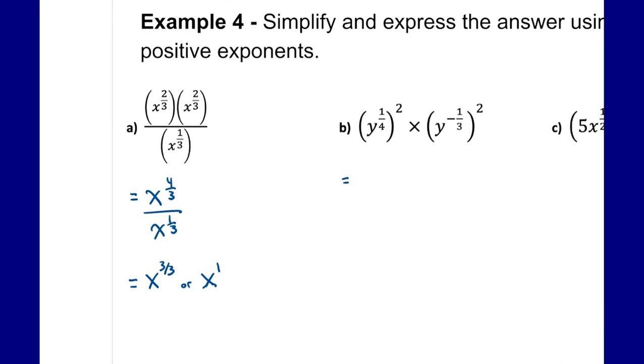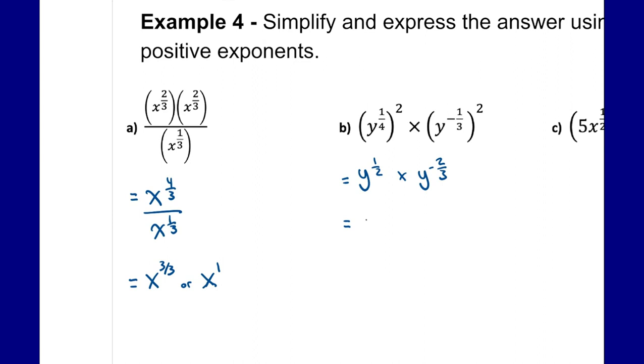B, again, power to a power, so we multiply. So we have y to the power of 2/4, or 1/2, times y to the power of -2/3. Don't worry about converting the negative exponents until you've simplified everything. Save converting negative to positive until the very end when you have a single power. In the meantime, go through and do your rules as normal.